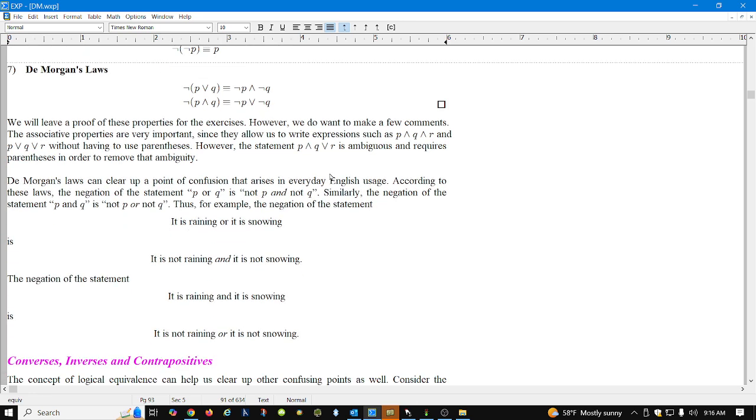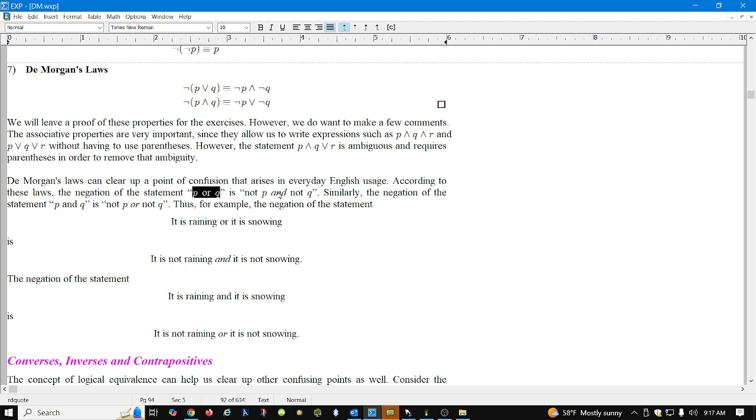De Morgan's laws, as they are in set theory, are particularly useful to clear up some points of confusion in this context. So according to De Morgan's laws, for example, the negation of P or Q is not P and not Q. So or becomes and.